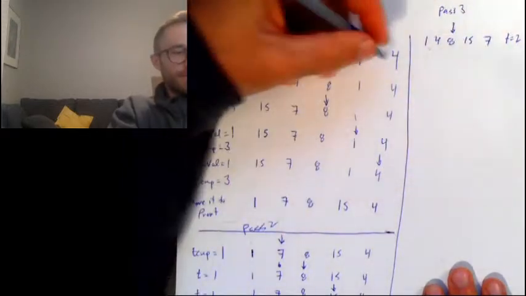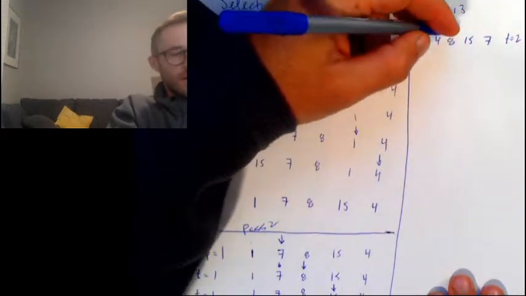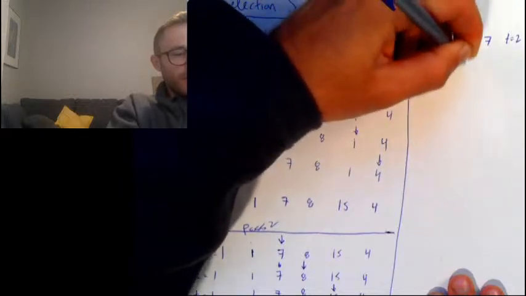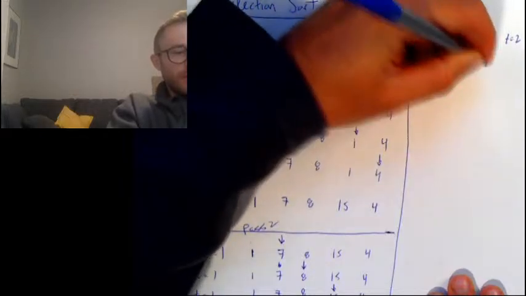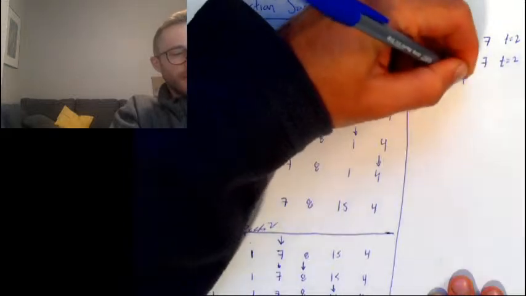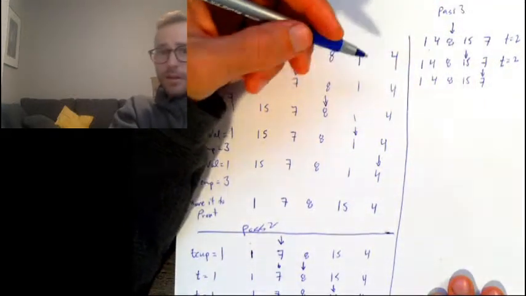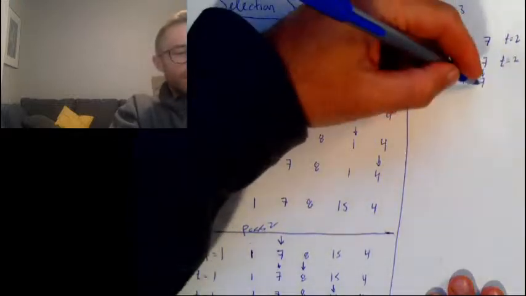So now I have temp equals 2. Okay. And I put my attention on 15. 15 is greater than 8. So my temp is still 2. Then I put my attention on the last element. Okay. And 7 is less than 8.